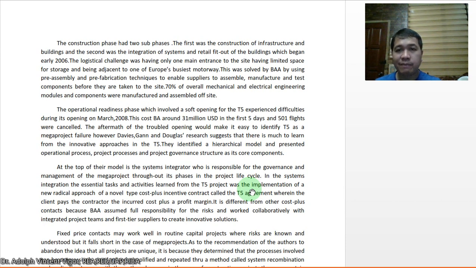This was solved by BAA by using pre-assembly and prefabrication techniques to enable suppliers to assemble, manufacture, and test components before they are taken to the site. 70% of overall mechanical and electrical engineering modules and components were manufactured and assembled off-site.